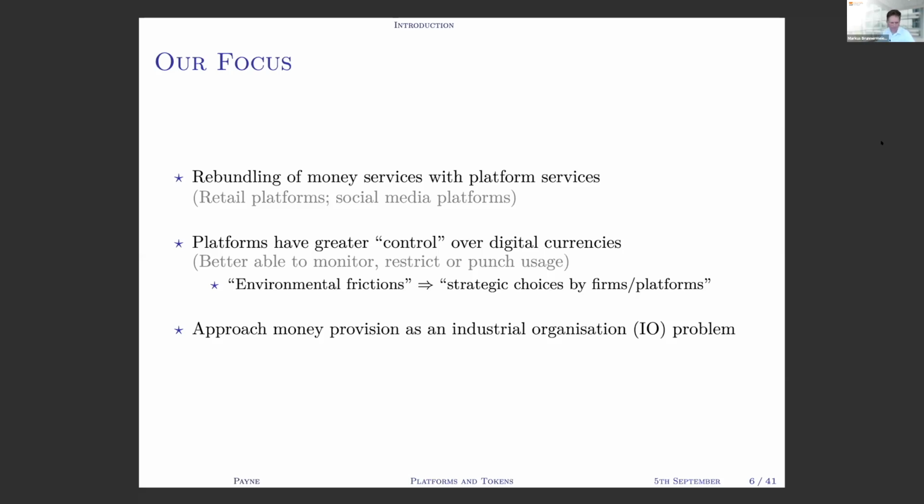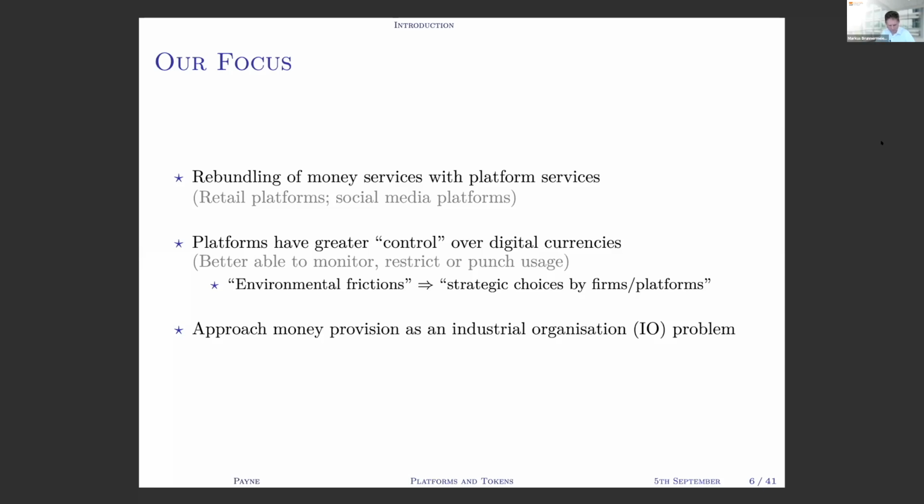And I think that when we move to thinking about digital currencies, many of these things we previously thought about as environmental frictions really become strategic choices of firms or platforms as they decide, do they want to impose exit costs? How difficult do they want to make it to use the currency outside of the platform or other currencies on the platform?